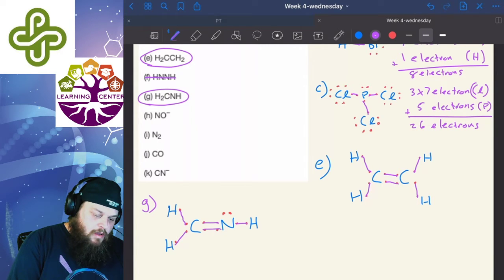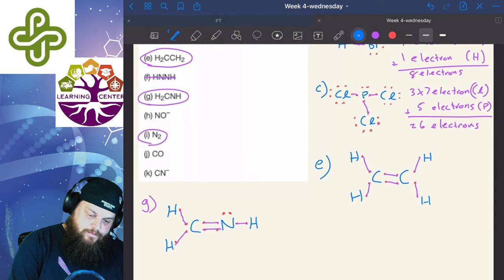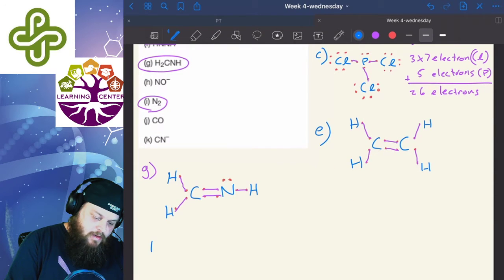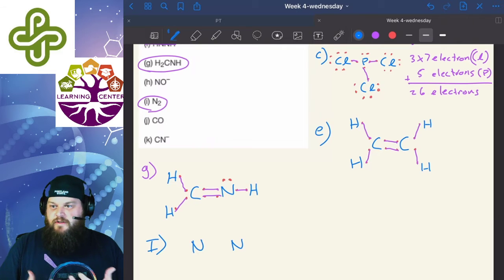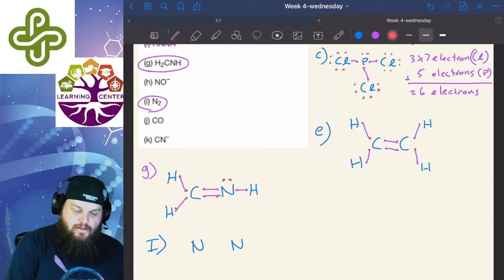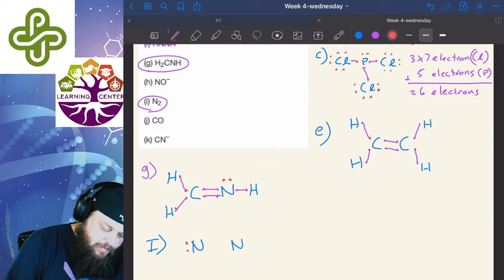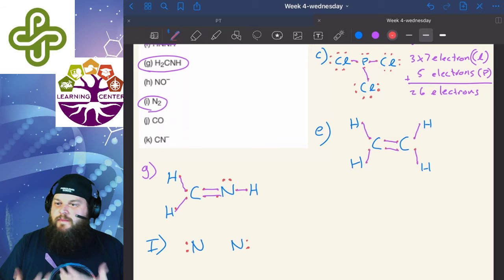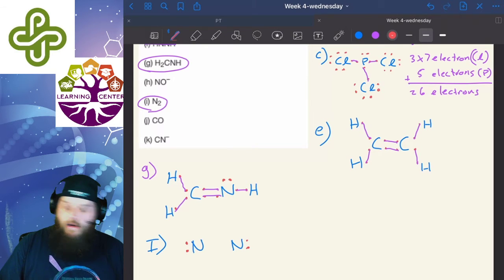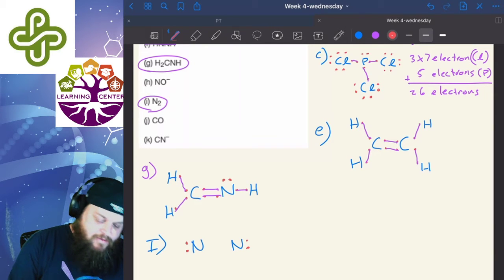We can do N2 now. Let's do I. So N2, that's a fun one because we really have 2 nitrogens floating there. And we just said each of them wants to have 5 electrons. So they have 5 valence electrons. So I can put a pair out here and a pair back there. But we know there needs to be an octet. We need to have 4 bonds, 8 electrons total.